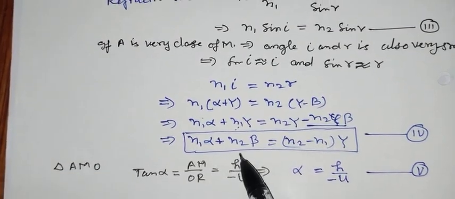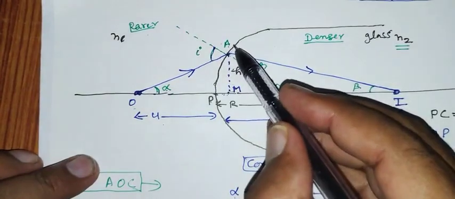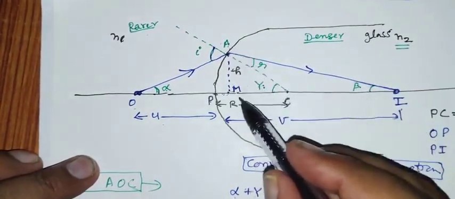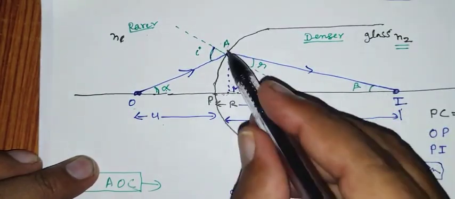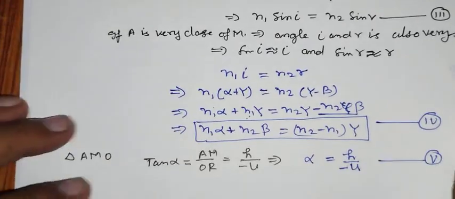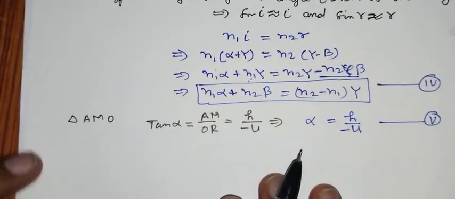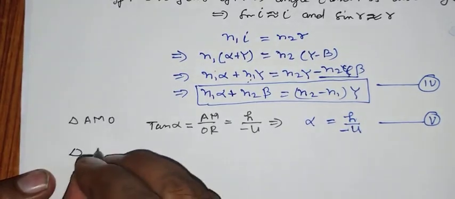Thereafter, for beta, we take triangle AMI, and tan beta is equal to AM by MI.